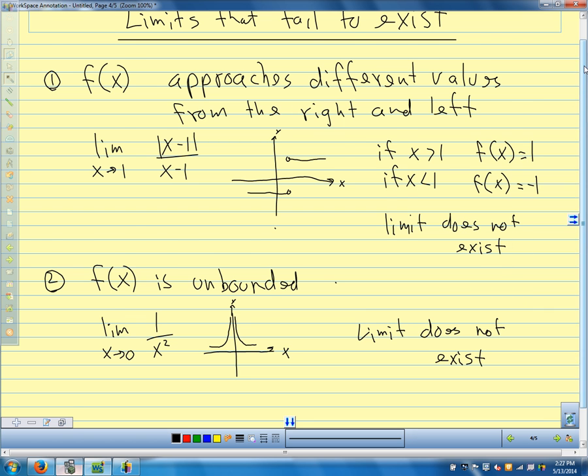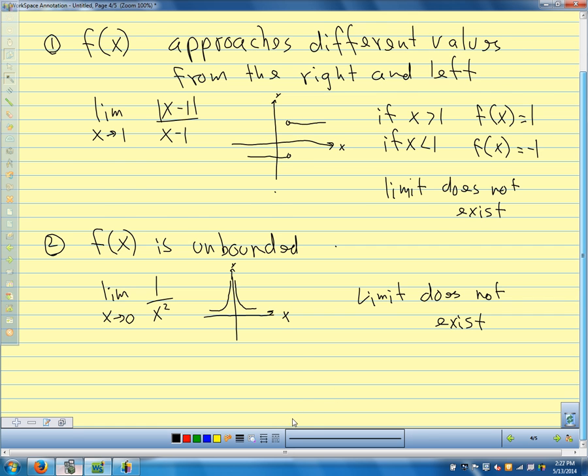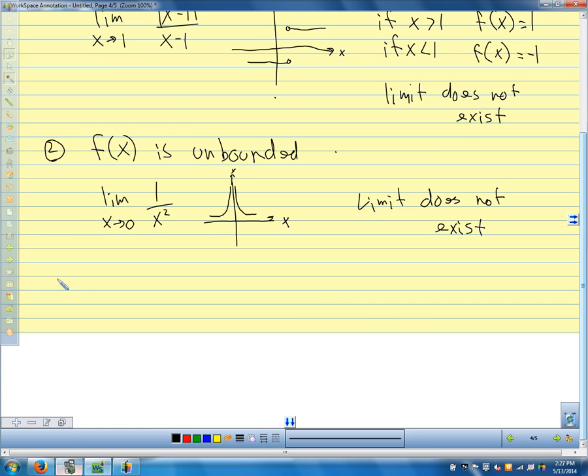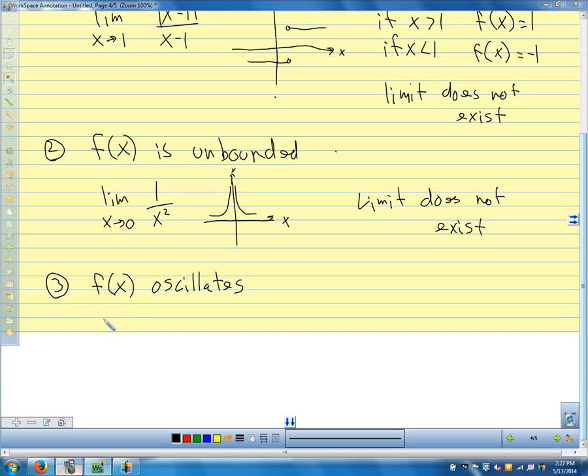And then our third case is when f oscillates. An example of this would be the limit as x approaches 0 of cosine of 1 over x.